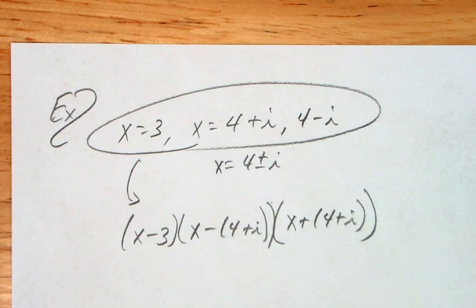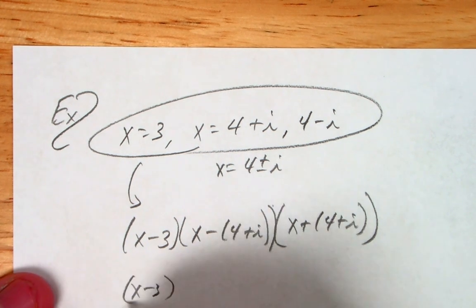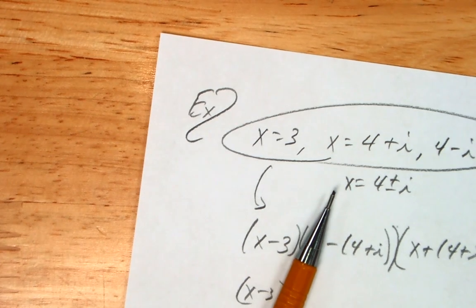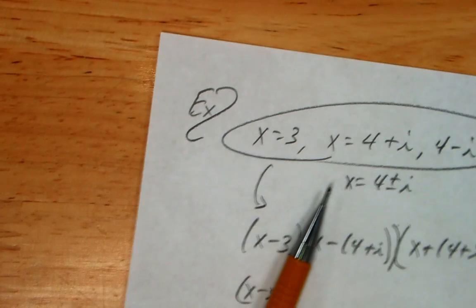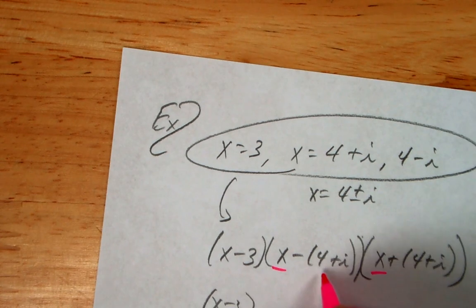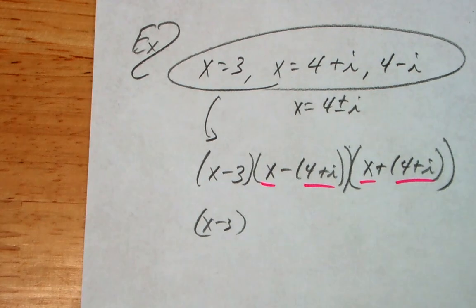But if we do it right, it's not that bad. Let's leave this x minus 3 alone. Where's my colored pens? Let's not distribute any negatives. Let's just multiply these things together.